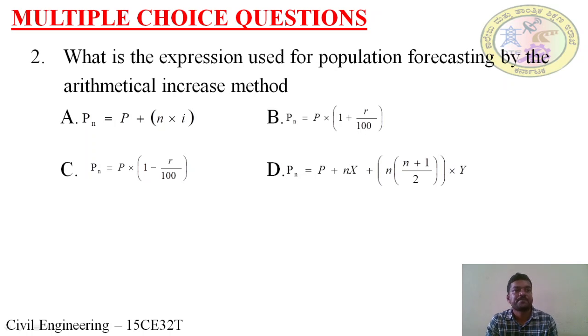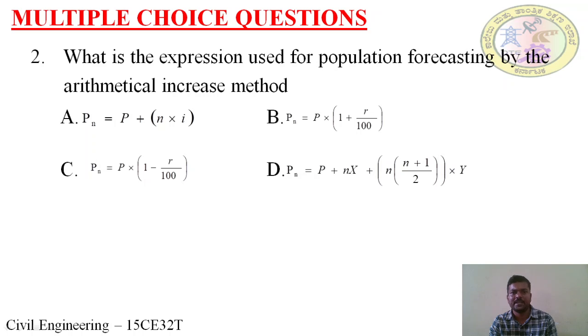Second question. What is the expression or formula used for population forecasting by arithmetical increase method? Option A, Pn is equal to P plus n into I. Option B, Pn is equal to P into 1 plus R divided by 100. Option C, Pn is equal to P into 1 minus R divided by 100.